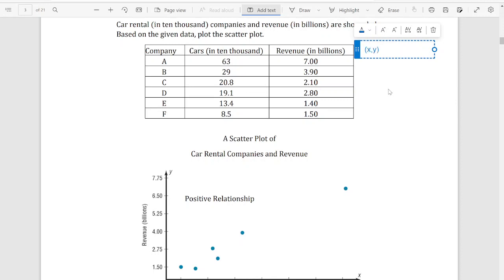Yang you nak kena masukkan dalam your punya graph. Okay, so the first one is 63 and 7. And then the second one you have is 29 and 3.9. Okay, so that is the second one.